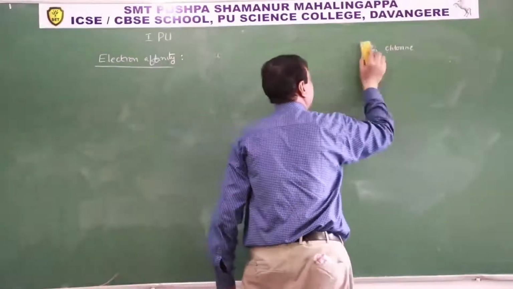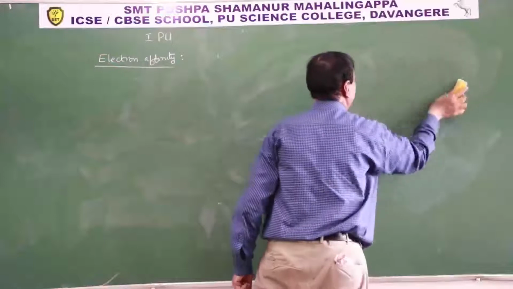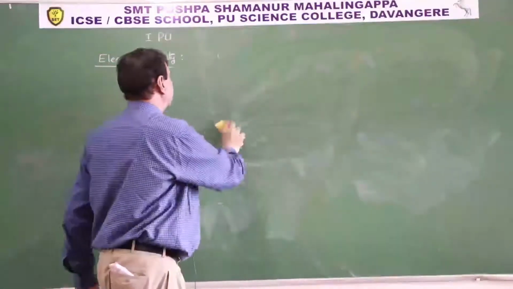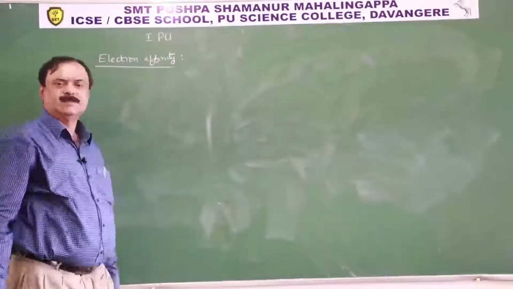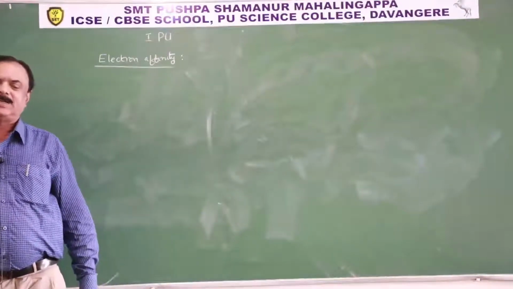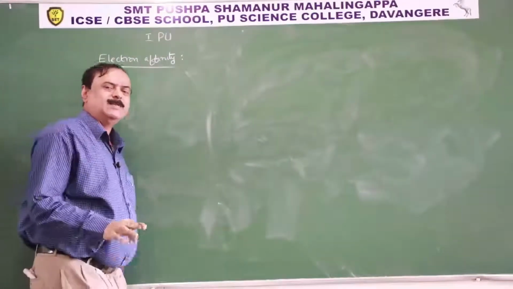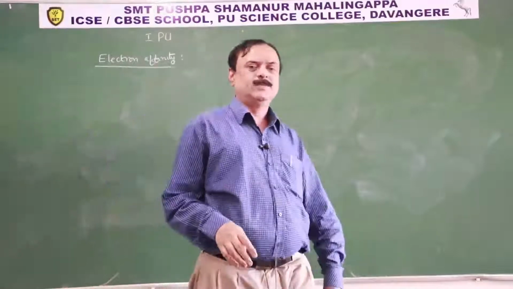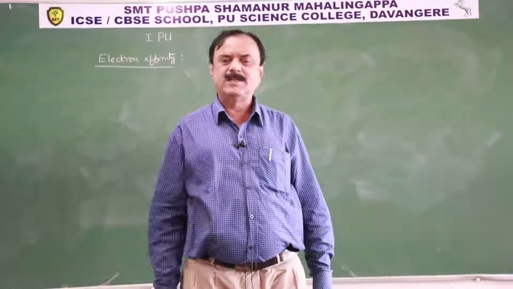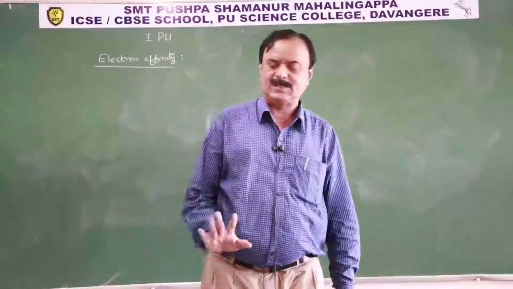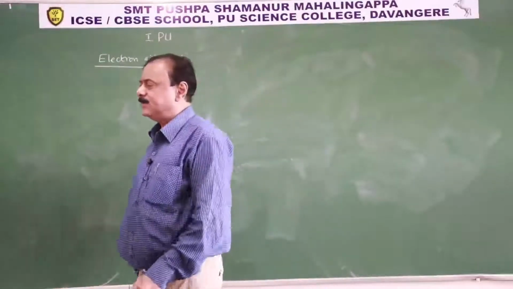Therefore, they do not have the ability to attract electrons. Is it clear? Therefore, the electron affinity value of zero group elements is always 0. This is about the trend of the electron affinity values. Is it clear? This is about the periodic table.